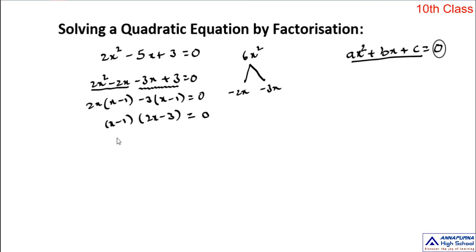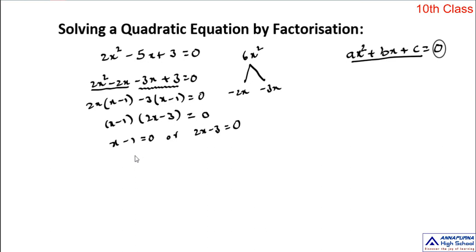That means either the first linear factor is equal to 0 or the second linear factor is equal to 0. That means x minus 1 is equal to 0 or 2x minus 3 is equal to 0, then the product is 0.